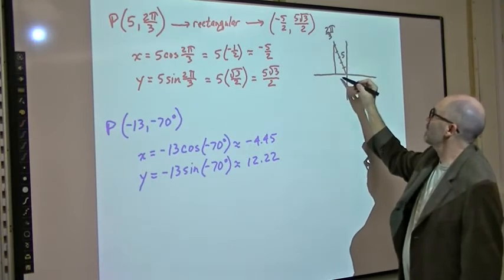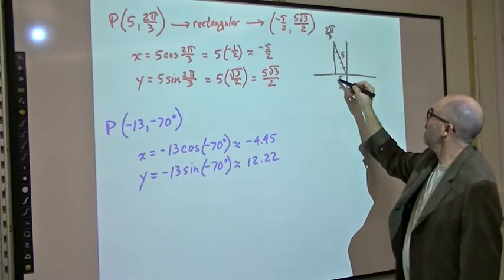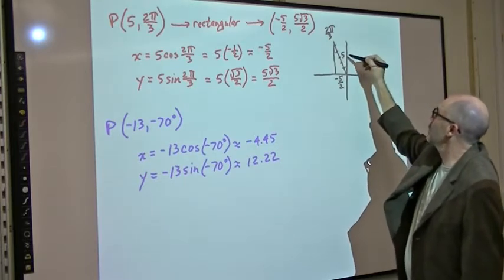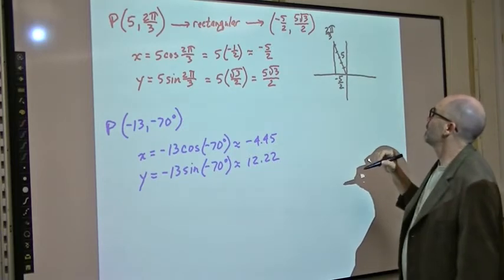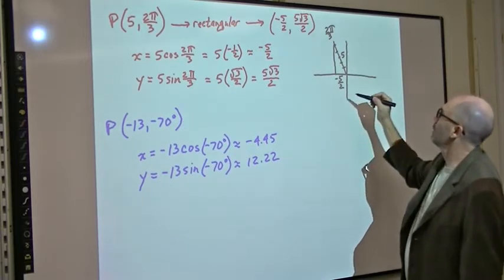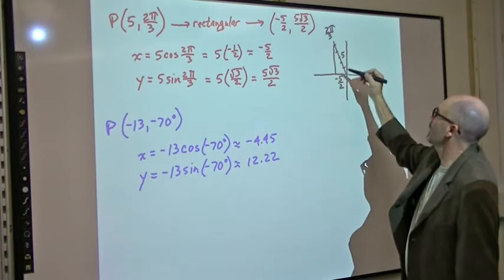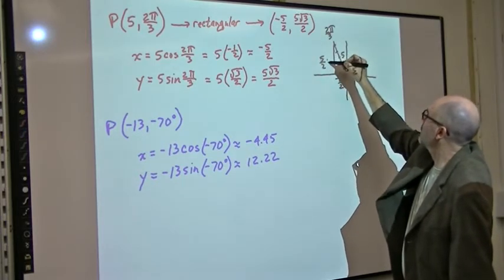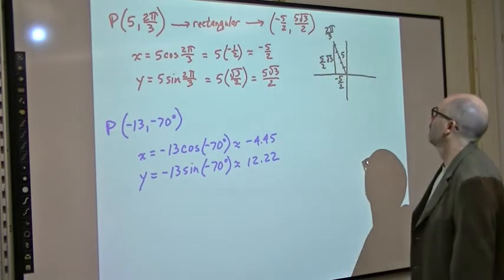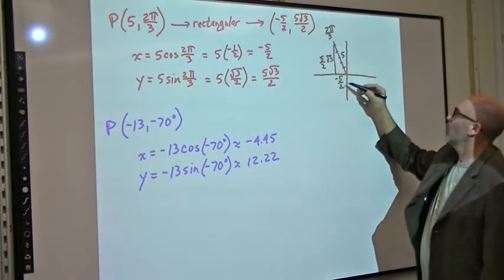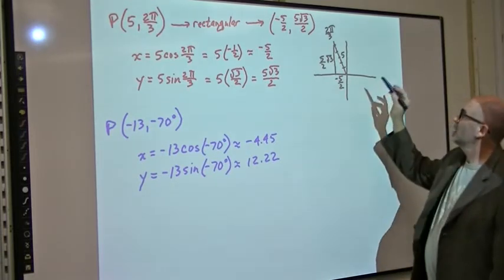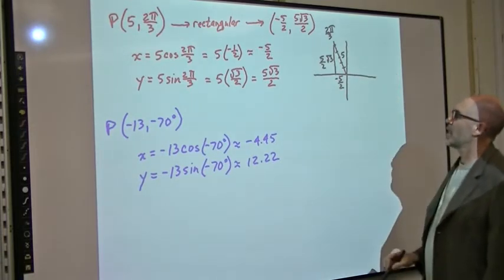So the short side is half the hypotenuse and the long side is the square root of 3 times the short leg. So that makes 5 halves times square root of 3. And so there's our 30, 60, 90 right triangle.